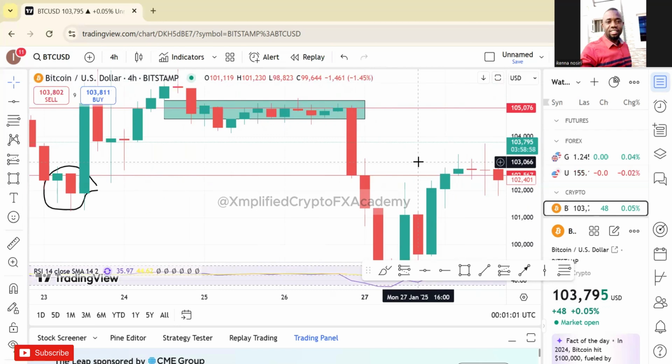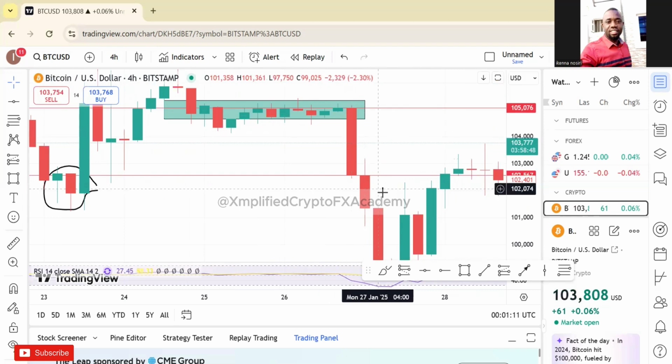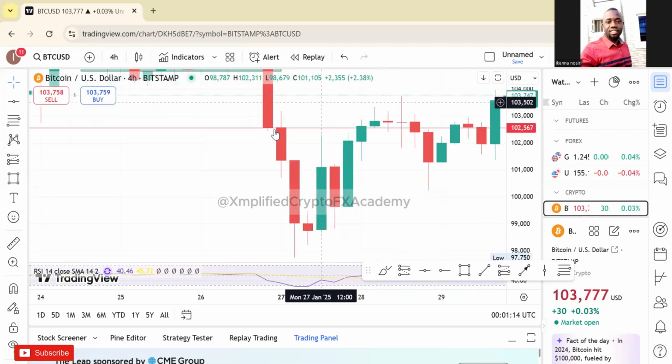So in continuation of that, sellers overpowered the buyers. That is, the bears are now in control over the bulls. So it closed here again, at the bottom, and reopened at the closing price.